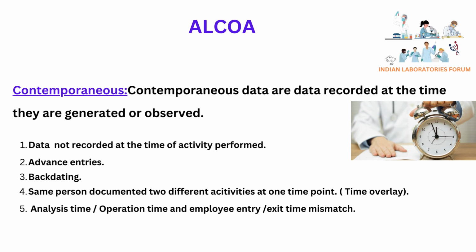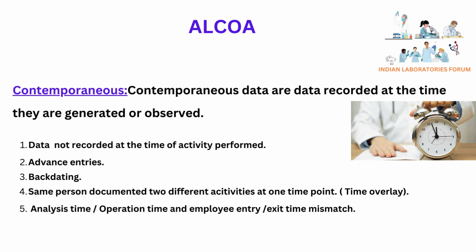Contemporaneous is the third principle of ALCOA. Contemporaneous data are data recorded at the time they are generated or observed. It indicates on-time documentation or on-time recording of data. Examples of non-compliance to contemporaneously recorded are: data not recorded at the time the activity is performed.